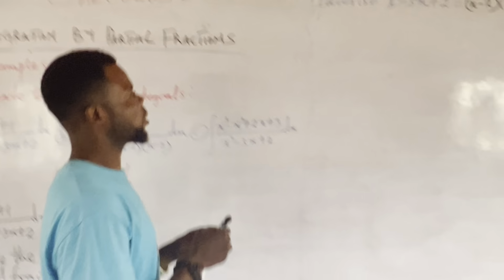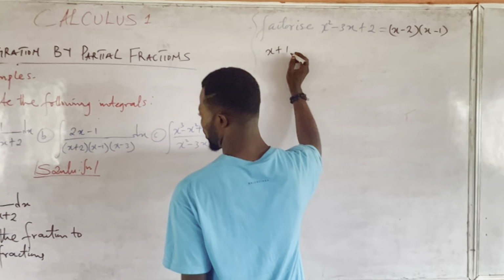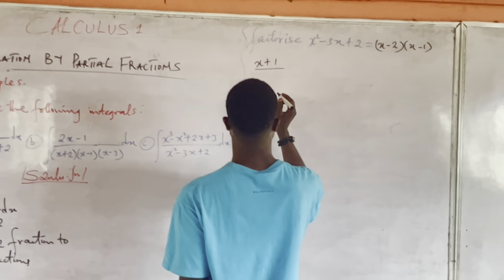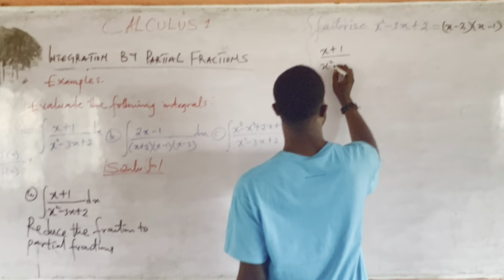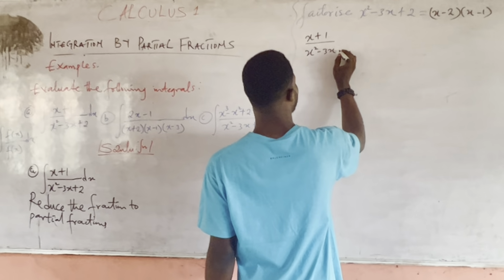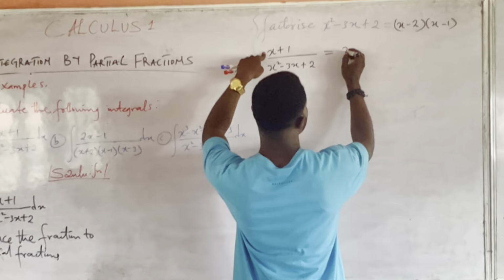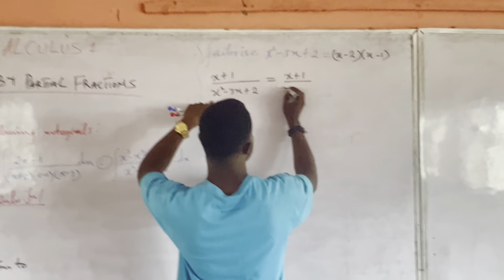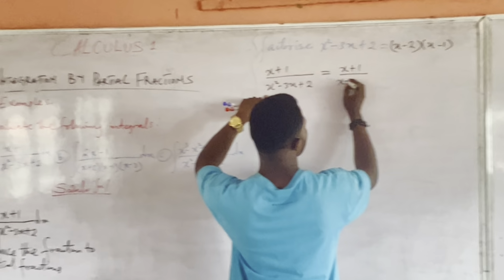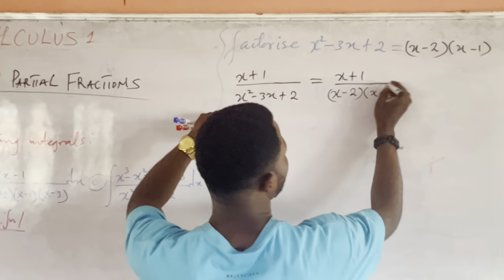Then we now have x plus 1 all over x squared minus 3x plus 2. It's now factorized to x plus 1 all over x minus 2 then x minus 1.